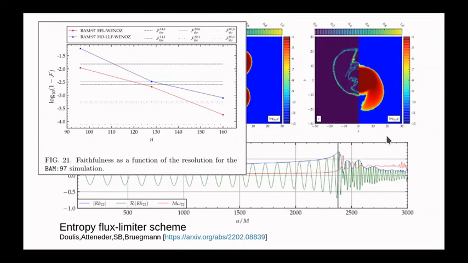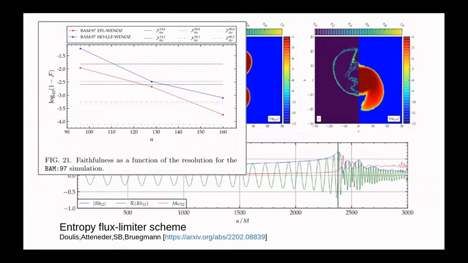And if you apply this method to binary neutron star calculations, we find a significant improvement with respect to previous results. We find a convergent waveform that converges sufficiently fast, such that a faithful waveform, which is the measure that we have for waveform quality, can be obtained with about 200 cubed grid points for SNR 80.